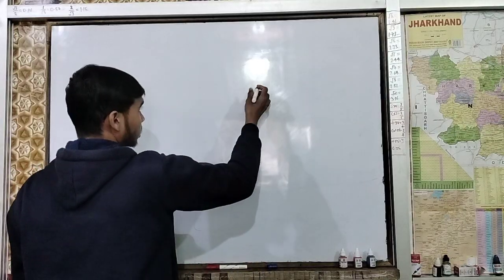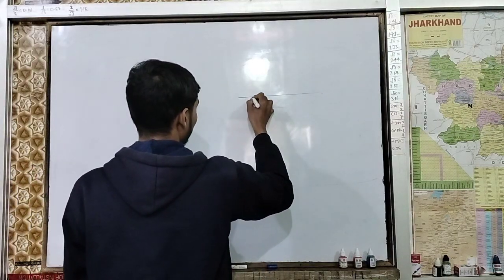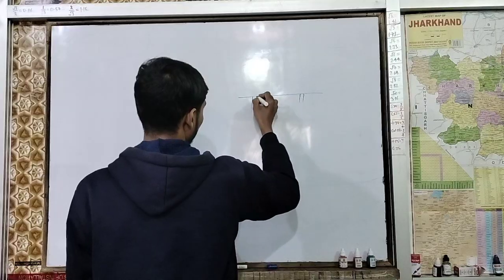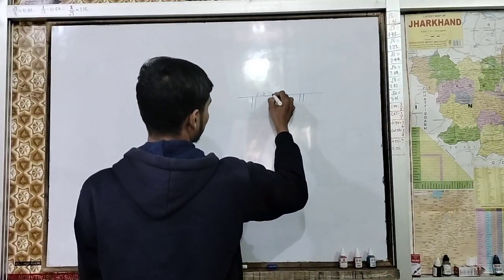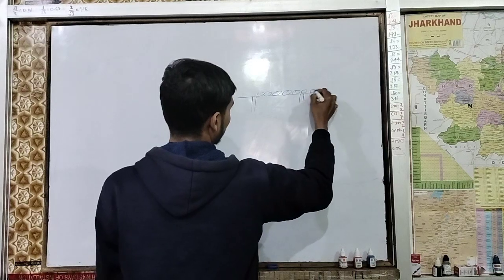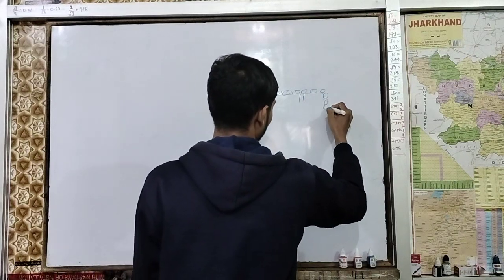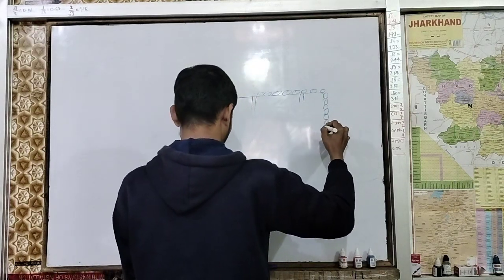Now next, there is a table. A chain is hanging like this.